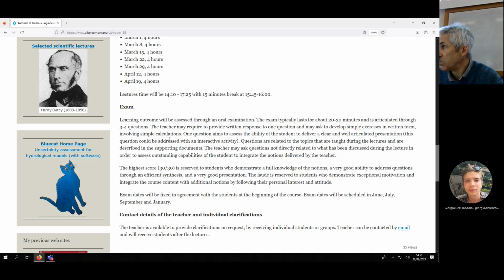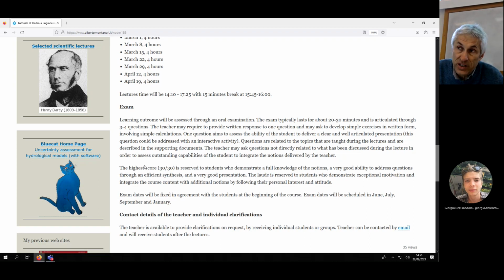Okay. Now, keep in mind that the highest score, which is 30, is reserved for students who demonstrate a series of things. First of all, a good knowledge of the notions. Second, a good perception of the problem. Because this is important for an engineer, it is essential.